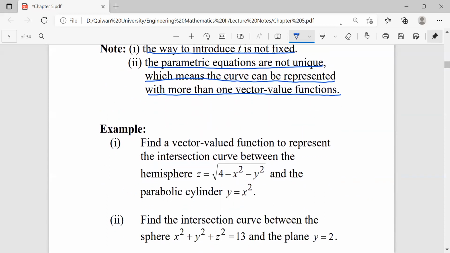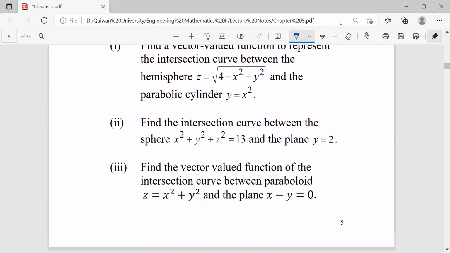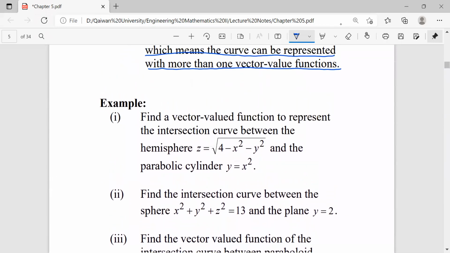Here we have some examples, three examples actually. First one says find a vector valued function to represent the intersection curve between the hemisphere, this one, and the parabolic cylinder.